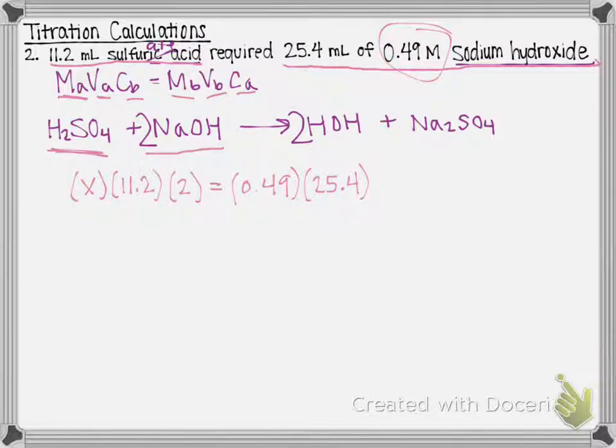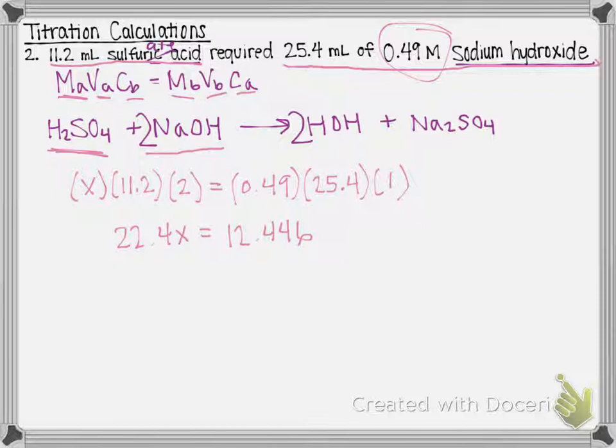You only have 1 there, so the coefficient is 1. So multiply both sides. This would be 22.4x equals 12.446.